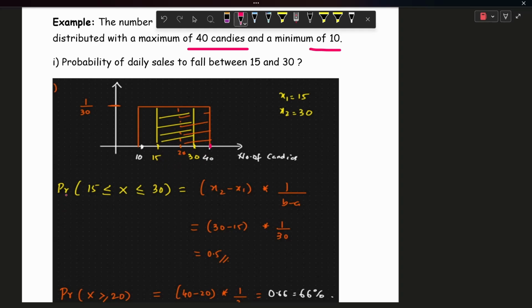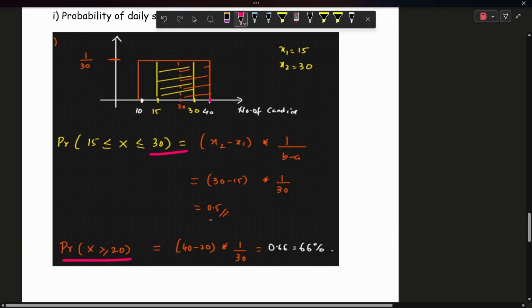Let's find the probability that we can sell candies between 15 and 30. This is calculated as x2 minus x1, where x1 is 15 and x2 is 30. So 30 minus 15 times 1 by b minus a, that is 1 by 30. Here we get 50%. There's a 50% chance that in a day we can sell between 15 and 30 candies.